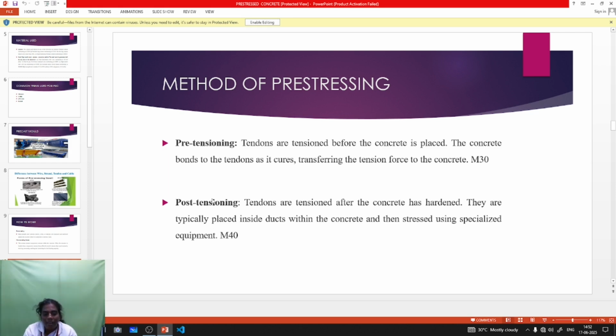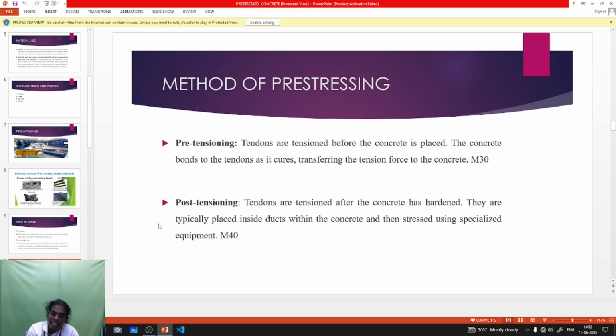Post-tensioning is normally for RCC structures. The tension is applied after the concrete has hardened. First concrete is poured into the mold. After curing, the tension is induced through anchors and jack. The tendons are typically placed inside a duct or cable. Then they are stressed using specialized equipment, a hydraulic jack or electrical equipment used for post-tensioning.